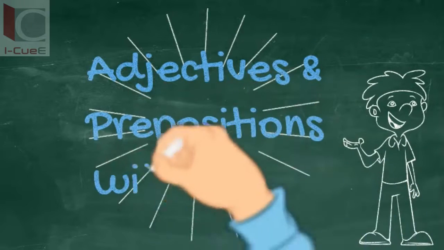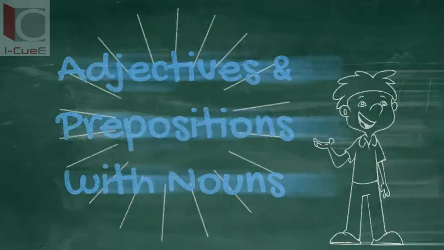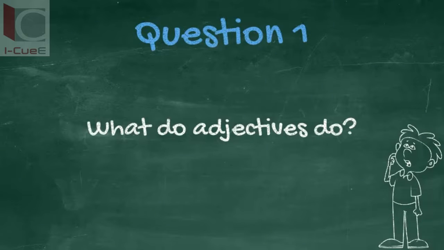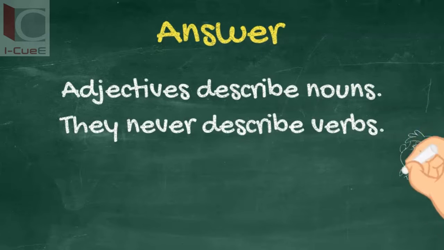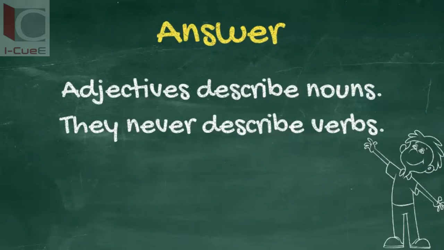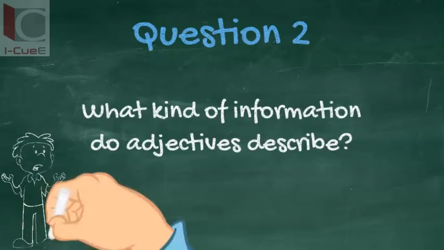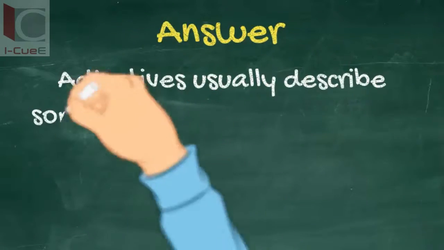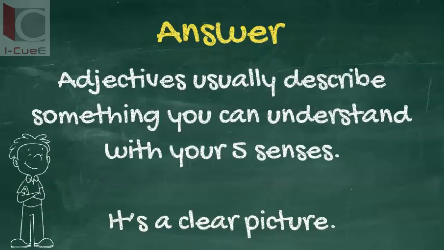Adjectives and prepositions with nouns. What do adjectives do? Adjectives describe nouns. They never describe verbs. What kind of information do adjectives describe? Adjectives usually describe something you can understand with your five senses. It's a clear picture.